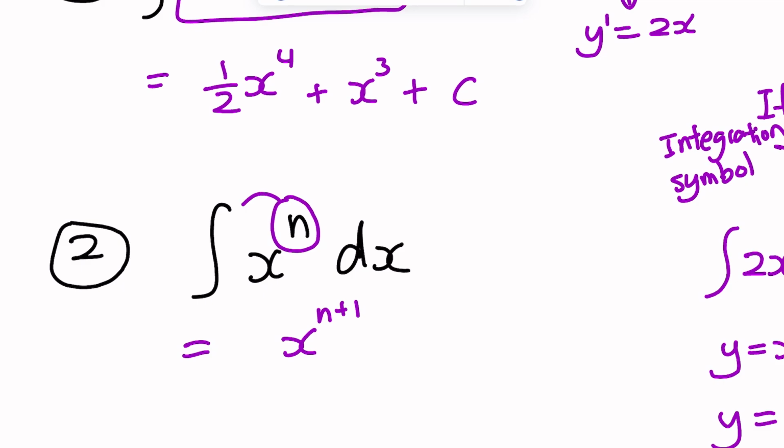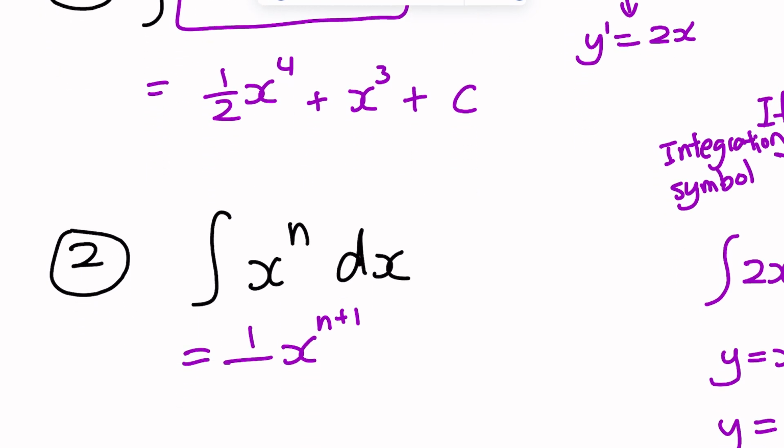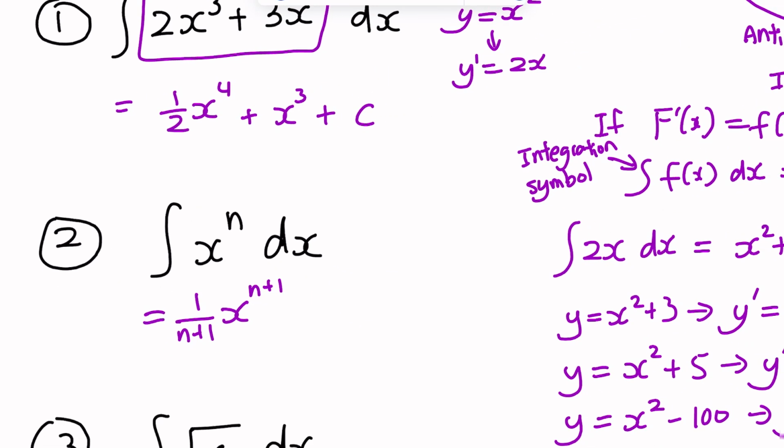And the value in front, here it's 1/2, right? What we're trying to do is 1 over a value times this is going to become 2. So if we take a look at the pattern, it's going to be 1 over the same power, n plus 1. And again, plus c, because whenever you integrate, always plus c.